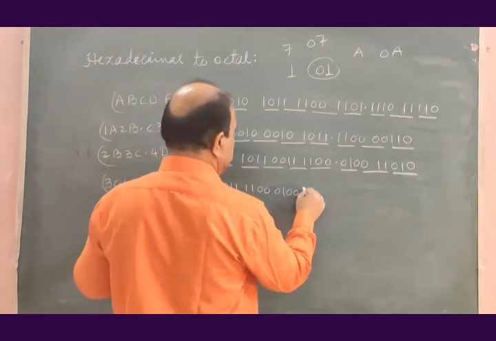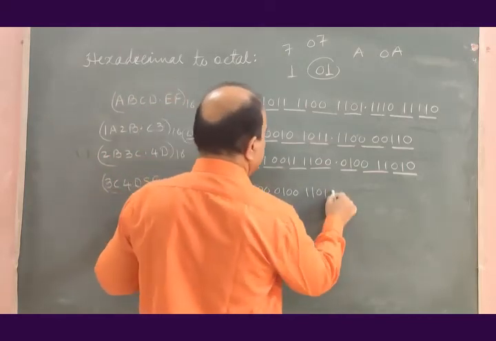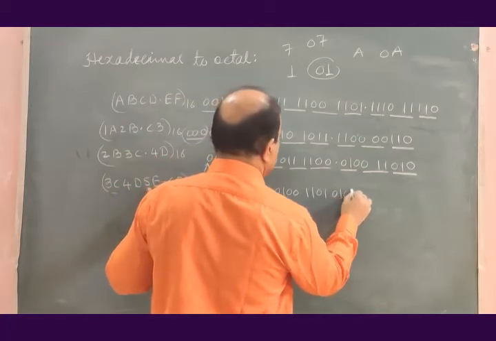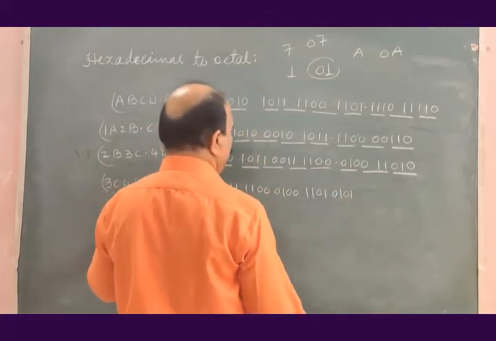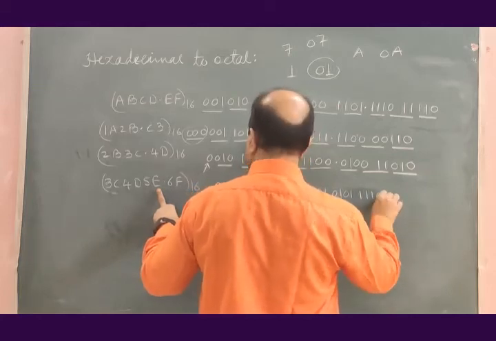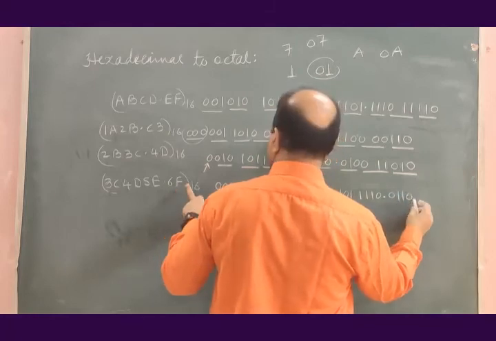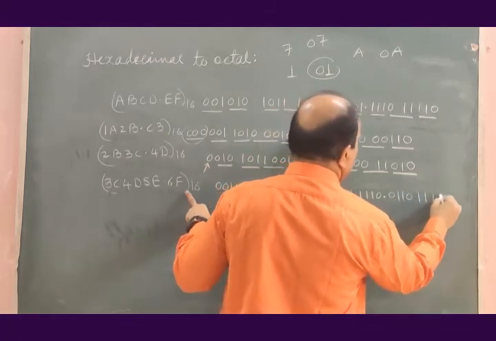D is 13, which is 1101. 5 is 0101. E is 14, which is 1110. Binary point. 6 is 0110. F is 1111.